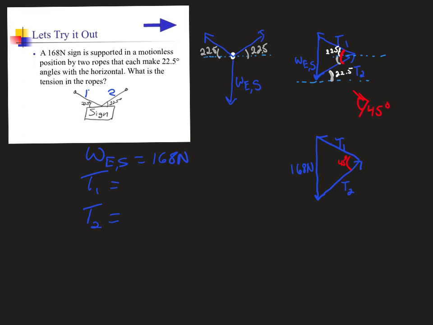However, because I know T1 and T2 are at the same angle, it might be easier to create my 90-degree angle and solve, saying that the weight of 168 is half of that, which would be 84 newtons, and then 84 newtons.